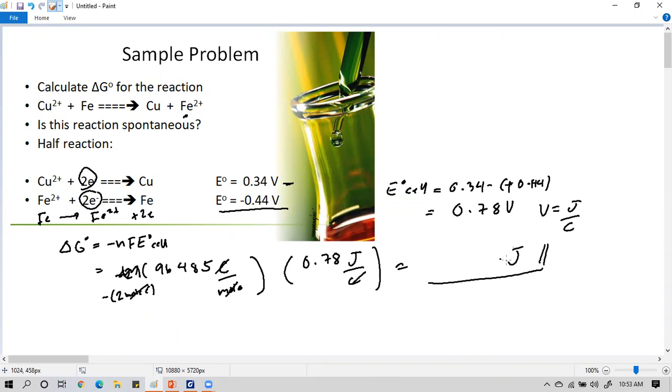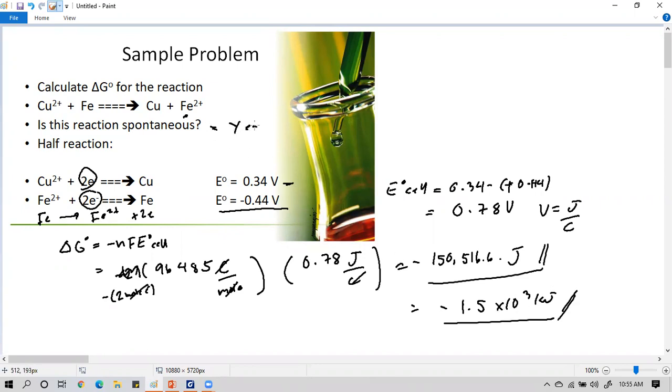So, ang sagot dito is, I'll just get my calculator. Wait lang. So, ang sagot is negative 150,516.6 joule, or negative 1.5 times 10 raised to 3 kilojoule. Ayan. So, the answer is, the reaction is spontaneous.